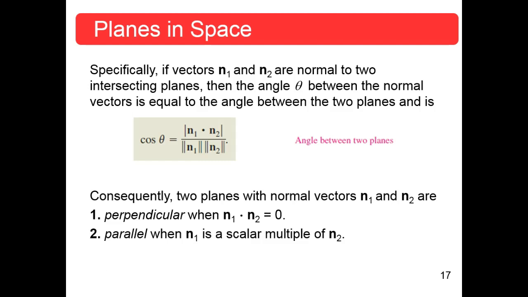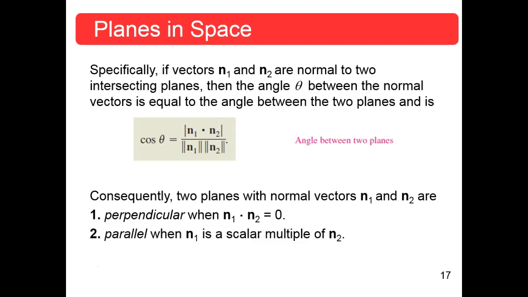Consequently, two planes with normal vectors n1 and n2 are perpendicular when that dot product is 0. That would give you a theta of 90 degrees, where cosine in the first quadrant equals 0. That's at pi halves. They're parallel when n1 is a scalar multiple of n2.